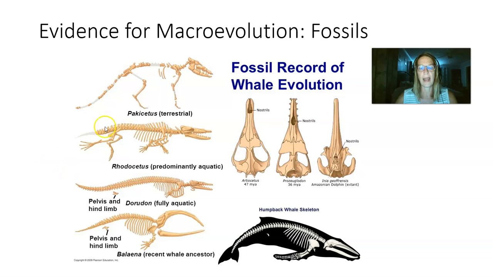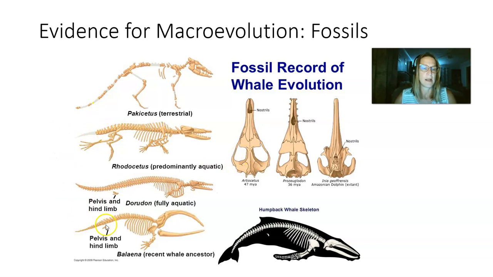So when we look at the current day humpback whale, we have used fossil records to link the humpback whale to an ancestor that is terrestrial. At least this is our best guess using the fossil record. This only represents a few different species that we have found fossils of, and there's a lot more to fill in the gaps here.